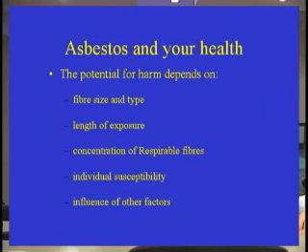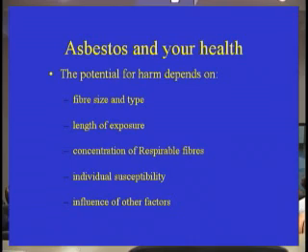The length of the exposure, so the person who has 1 day of exposure versus somebody who has worked there for 8 hours, 10 hours, 12 hours a day for 40 years, their exposure is definitely different. The longer you work in asbestos, the more the risk is. The other is the concentration of the respirable fibers. So the smaller fibers that you're exposed to, the greater the risk.